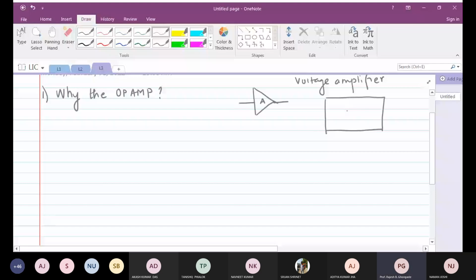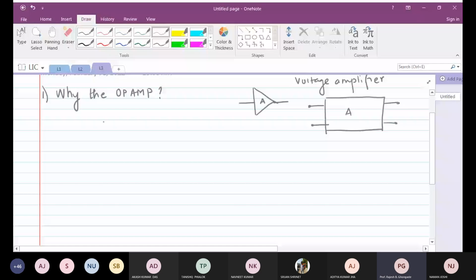So this will be the amplifier as a two-port network. With that concept, we started developing this particular block, and the idea occurred to the engineer, I don't remember the name of that person, while traveling in a local train somewhere in the US. So that is how the idea came into existence, and the concept of operational amplifier was then implemented.